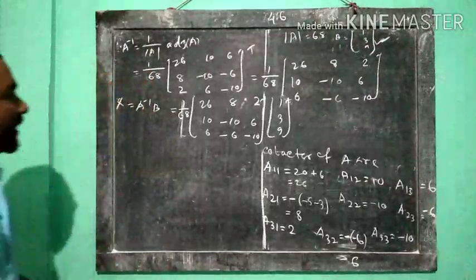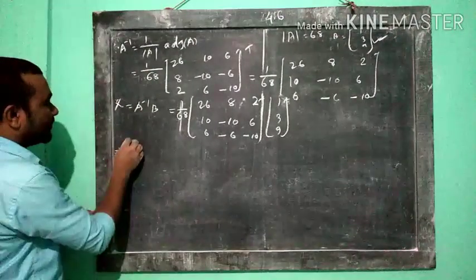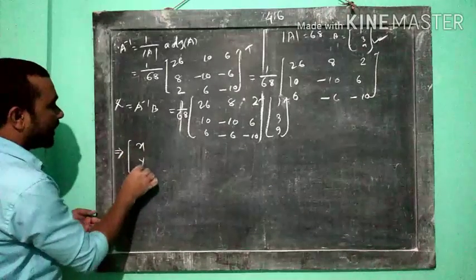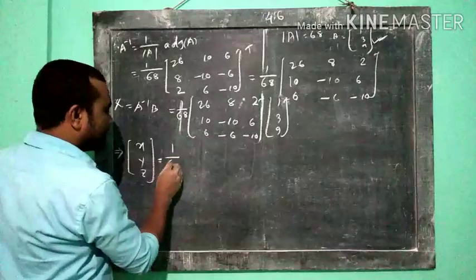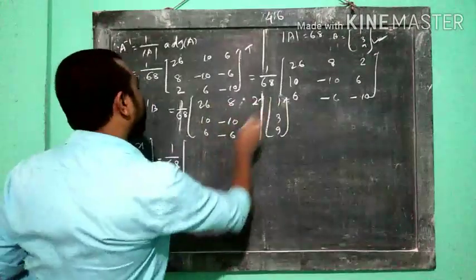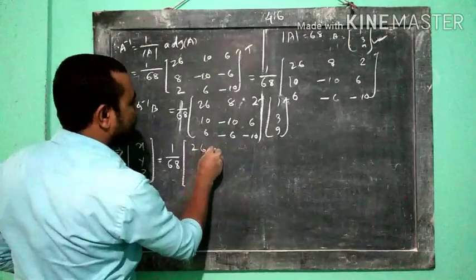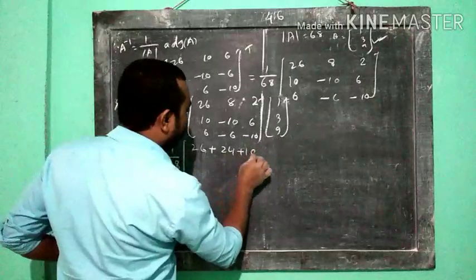Then if we multiply, then what we get? That implies X is equal to X, Y and Z. This is equal to 1 by 68, if we multiply, then what we get? 26 into 1 is 26, plus 3 times 8 is 24, plus 18. Okay.